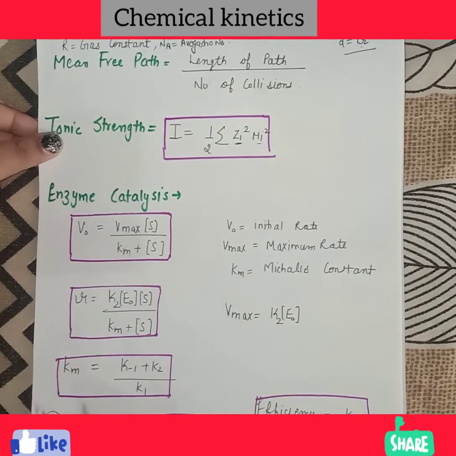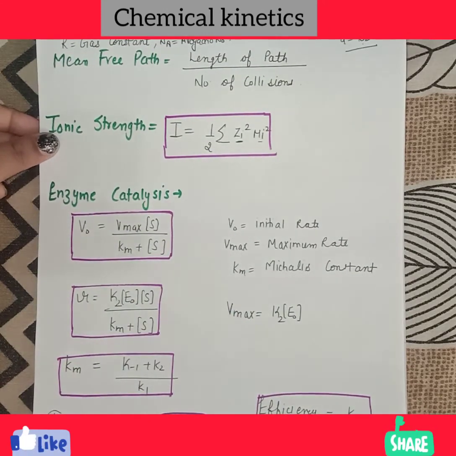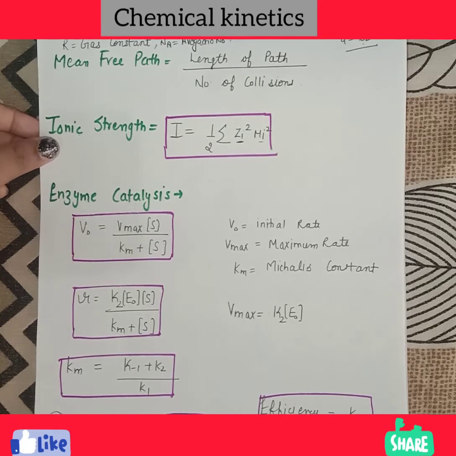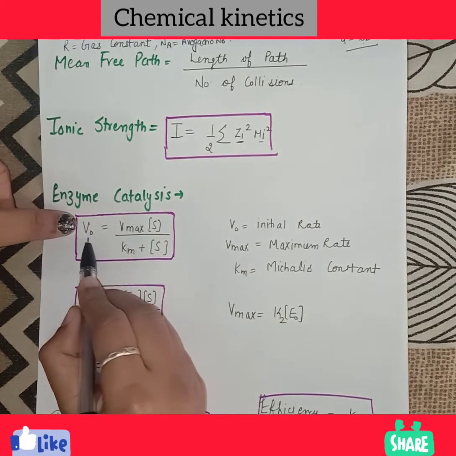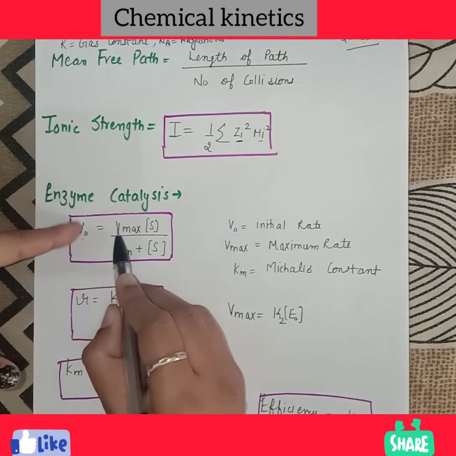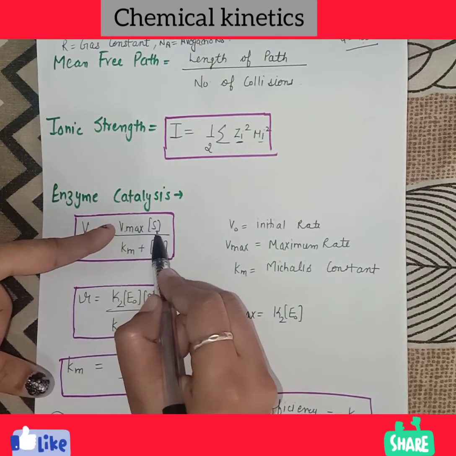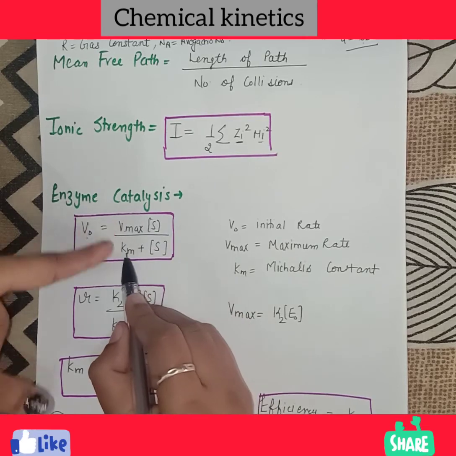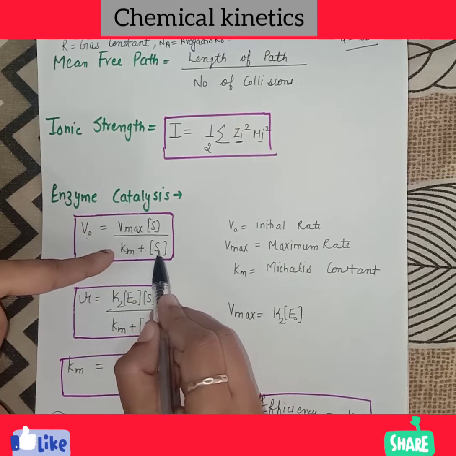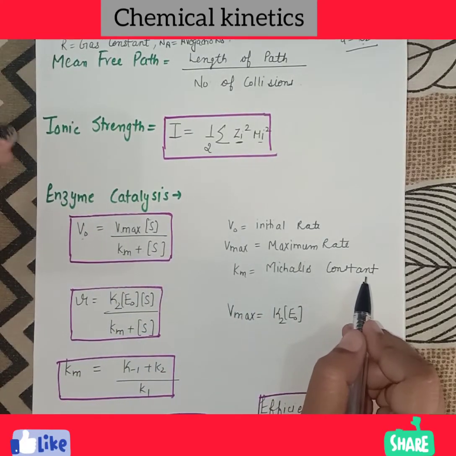Enzyme catalysis is also an important topic of chemical kinetics. V naught, the initial rate, is equal to V max, the maximum rate, into S, the concentration of substrate, upon Km plus S. Km here is the Michaelis constant.